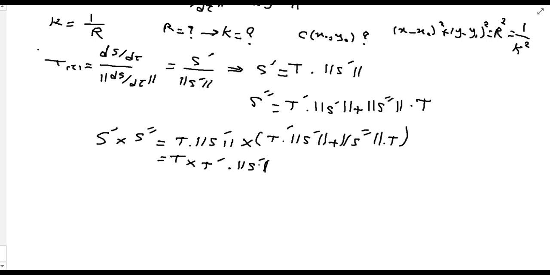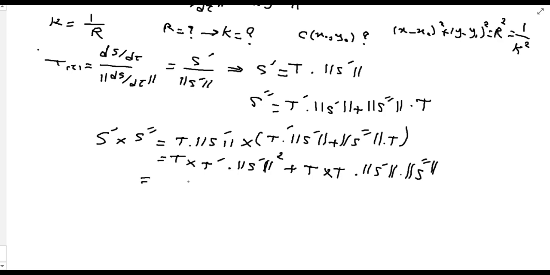If I multiply, I will have the norm of r' to the power 2 plus T cross T, and this is also the second derivative.